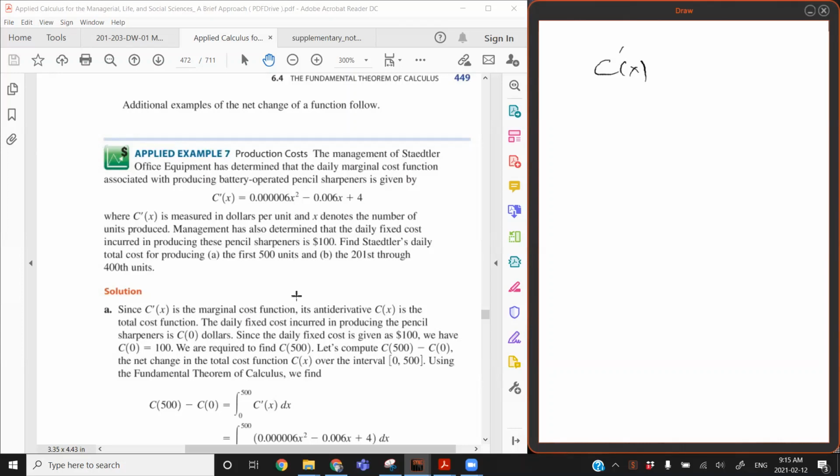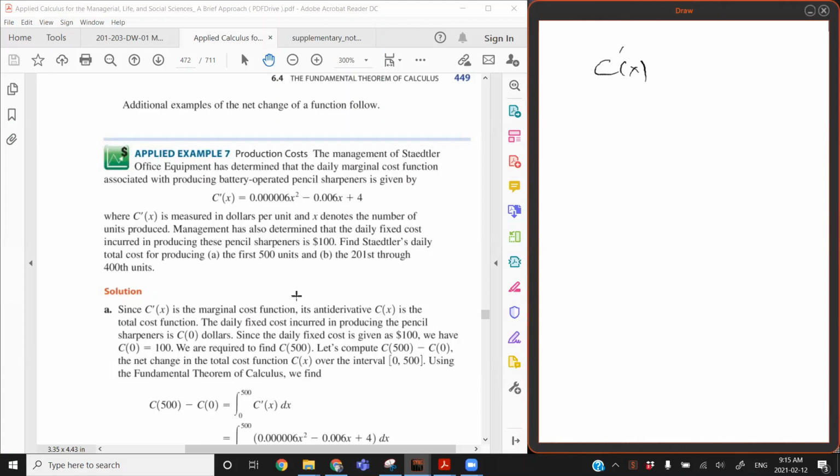So the unit of measurement for x is units, and for C prime of x it is dollars. Management has also determined that the daily fixed cost incurred in producing these pencil sharpeners is $100.